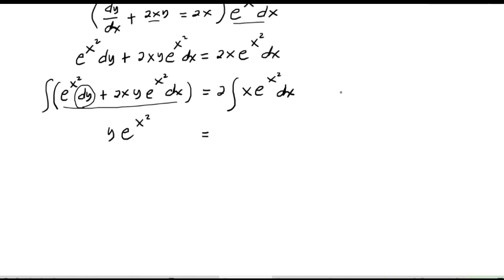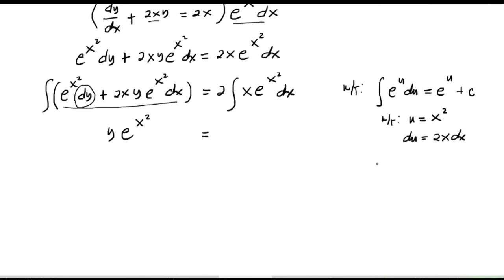Then equals, then we are going now to integrate the integral of x e raised to x squared dx. Recall, we are going to use here the formula integral of e^u du, and the answer for this is e^u plus constant, where our u here is equivalent to x squared. Then the du is 2x dx. So this is now the integral of e, then u is x squared, then the du is 2x dx.